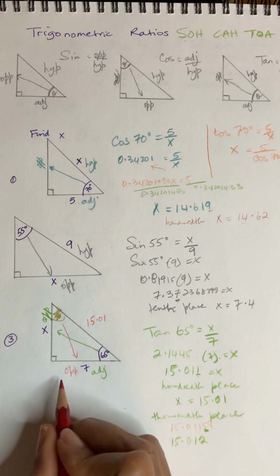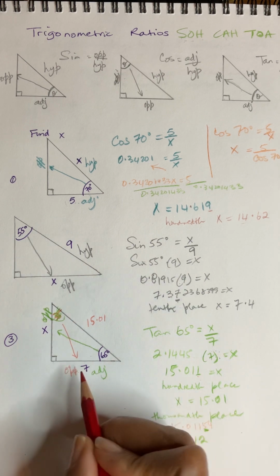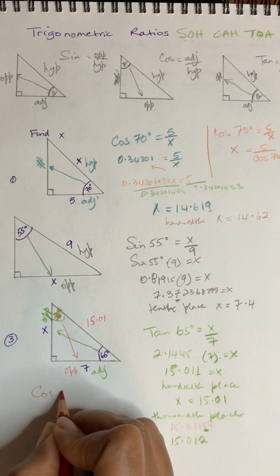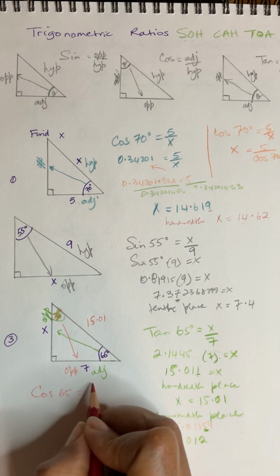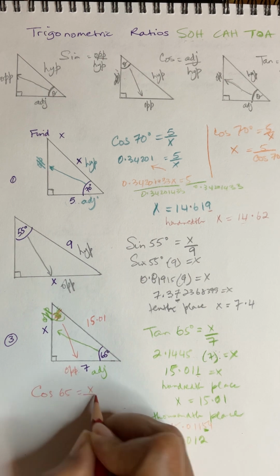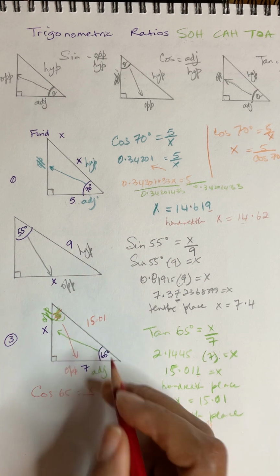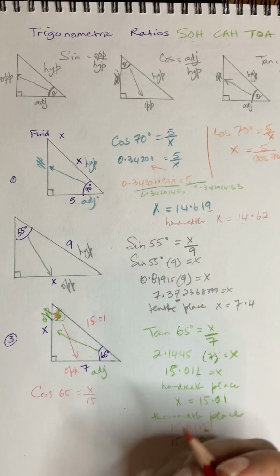And I want to do now, say for instance, cosine of 65. Cosine 65 would give me opposite, which is x, over the hypotenuse there, which is 15.